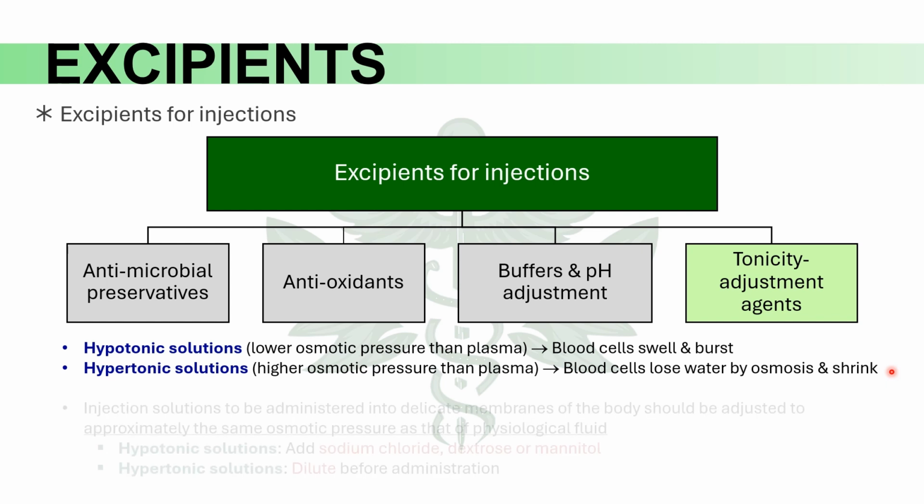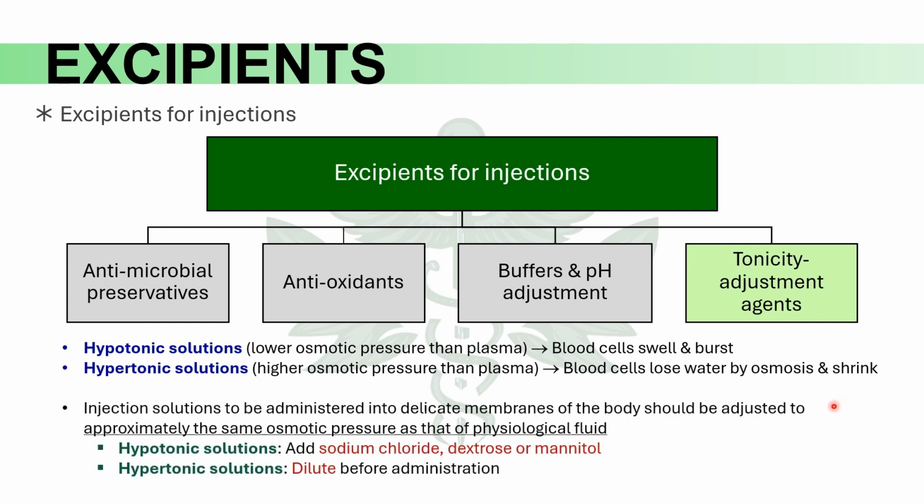Either way, this is undesirable, and as such, injection solutions should be adjusted to approximately the same osmotic pressure as that of physiological fluid. Hypotonic solutions are made isotonic by adding sodium chloride, dextrose, or mannitol, while hypertonic solutions are made isotonic by dilution before they are administered. And now that we've finished vehicles and excipients for injections, that will be all for this video.